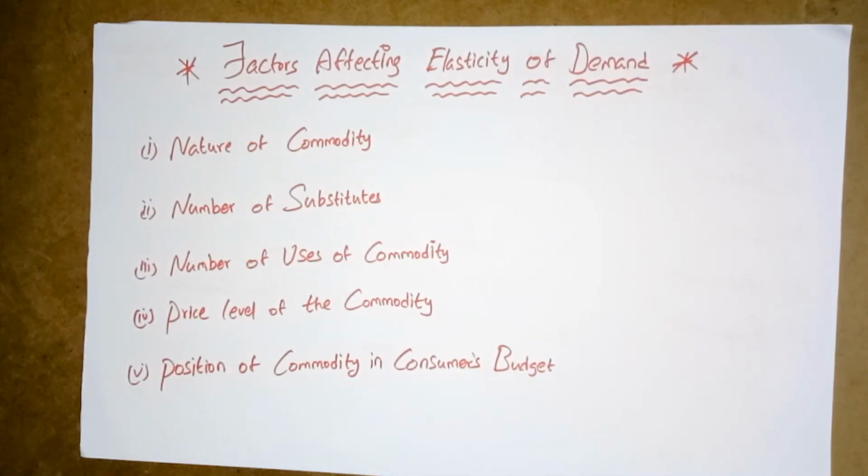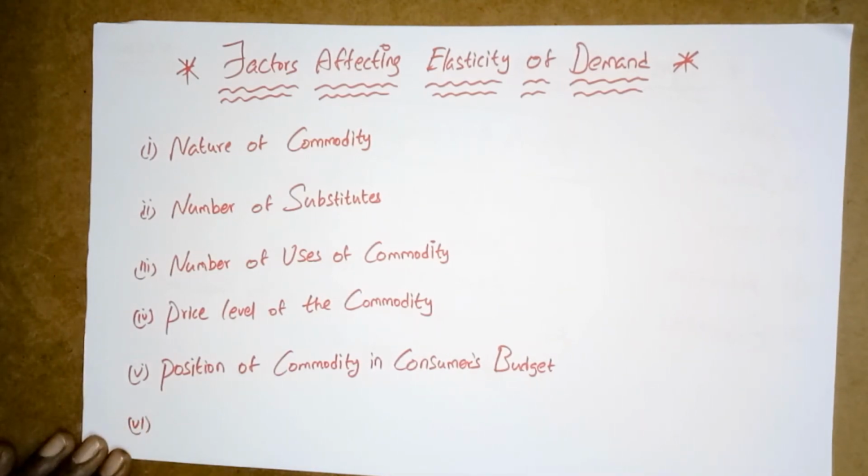What we understand from this statement is, the greater the proportion of income spent on a commodity, the greater will generally be its elasticity of demand. So this is how we see elasticity of demand under position of commodity in consumer's budget.